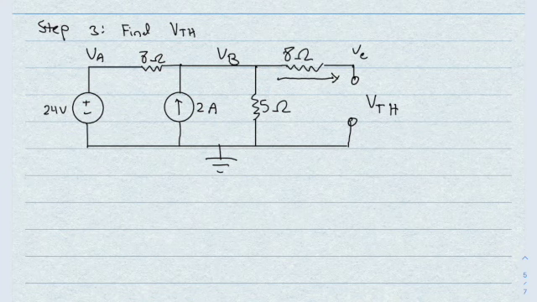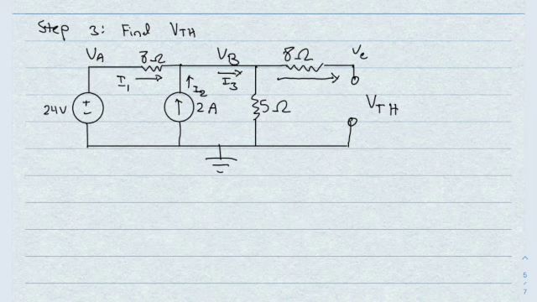Okay, so everything going into B is going to be positive, and all the current leaving it is going to be negative. So this could be I1. This is going to be I2. And going this way, it's going to be I3.